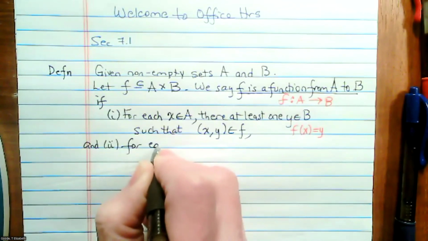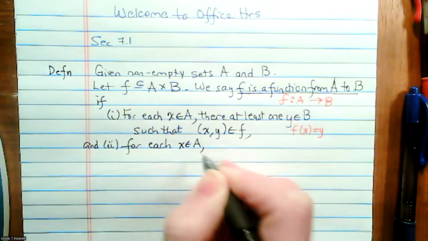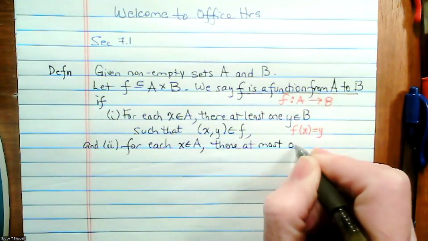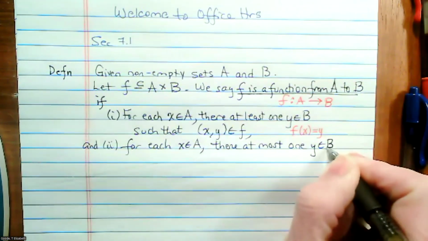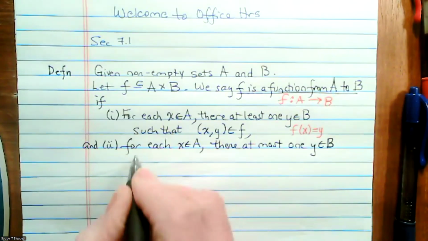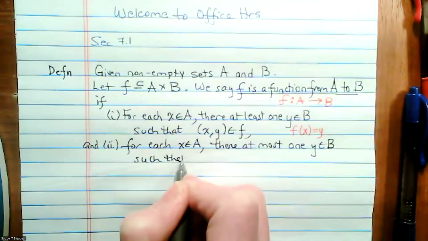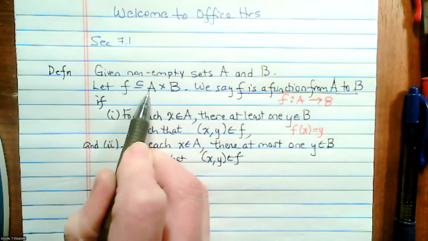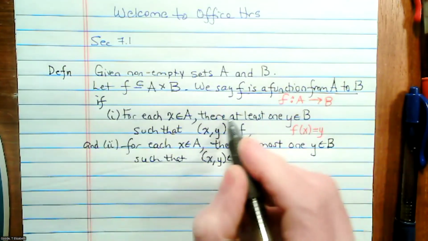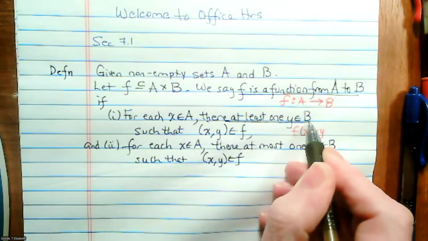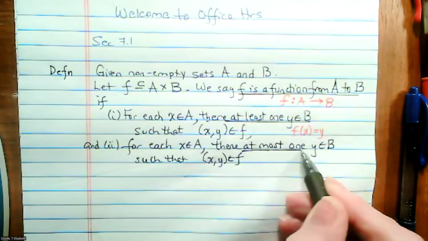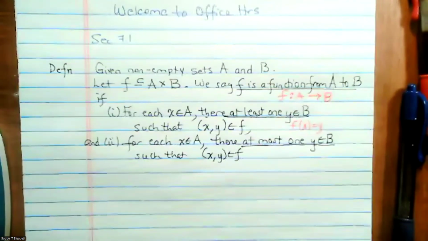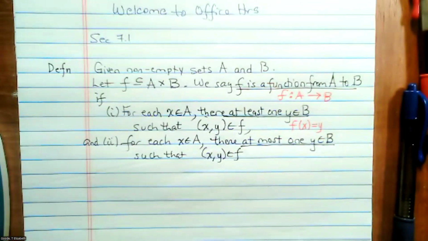For each x in A, there is at most one y in B. So actually, we could say this in one sentence, but I'm trying to make a point, such that (x, y) is in F. So for every x in the set A, which is going to be called the domain, there is at least one y in B and at most one y in B, such that the ordered pair x comma y is in F. All right.